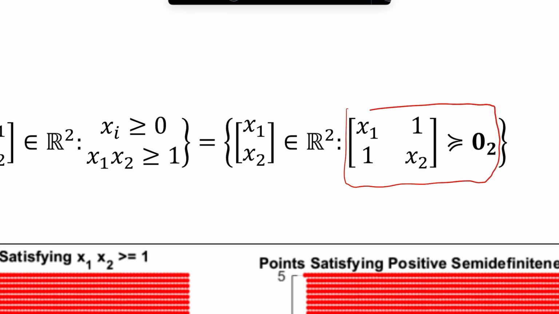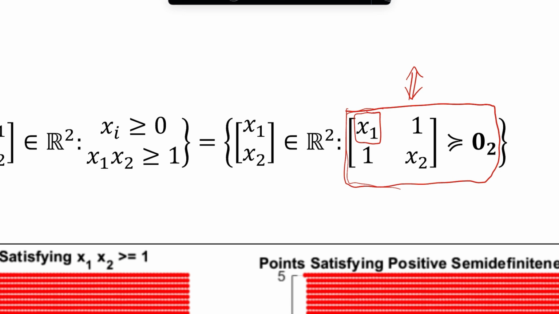And what is this? This is matrix positive definiteness, right? Easily from that expression, this condition is equal to the given set of conditions.